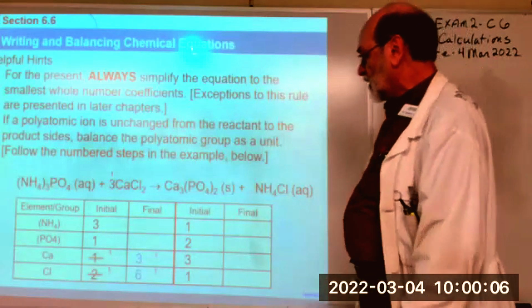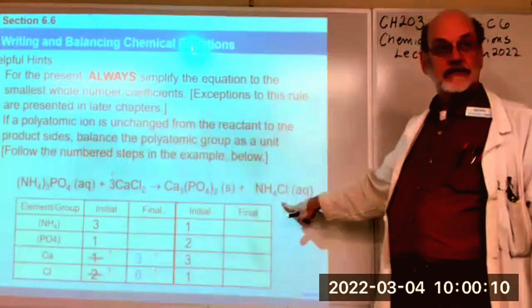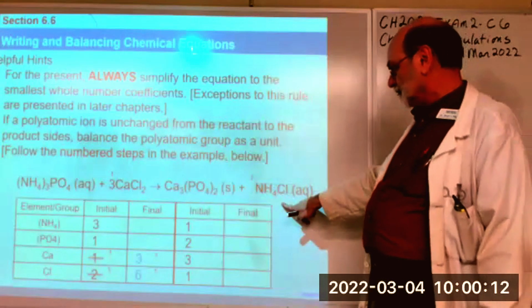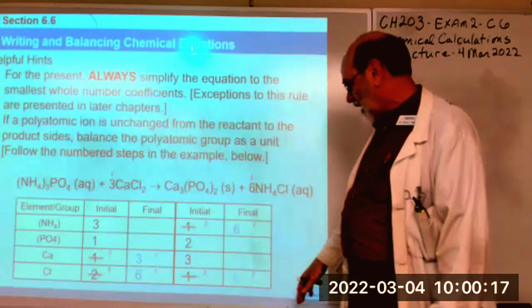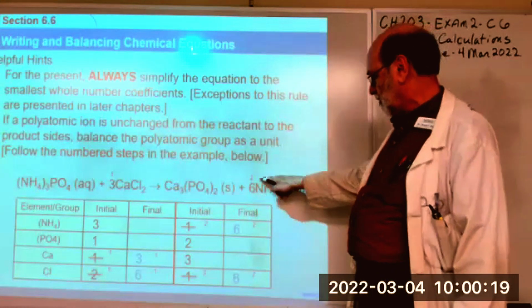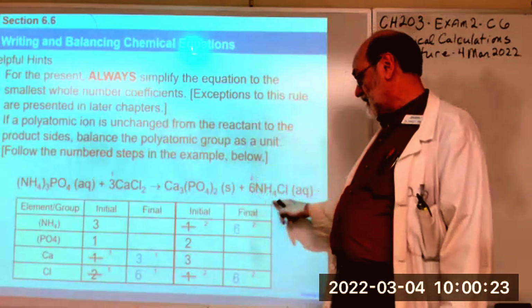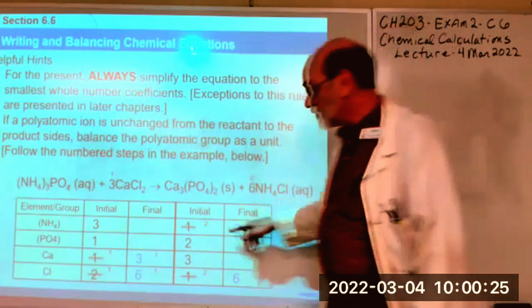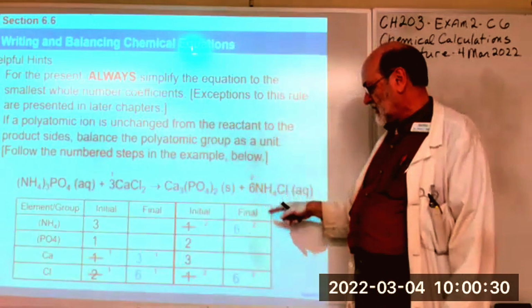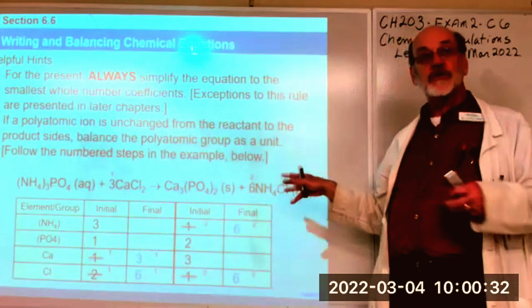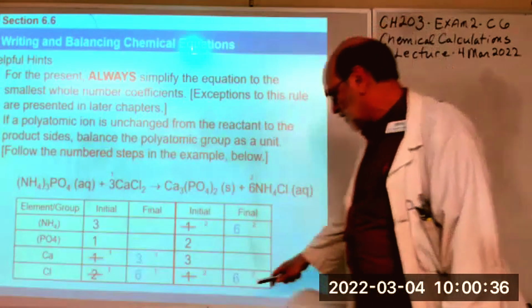So now that I've changed chlorines to 6, I need 6 chlorines on this side. And that also changes the ammonium group to 6. This is a polyatomic that we're using as a balancing unit. So you have to change the whole thing to 6. You don't have to count the individual atoms if you're using it as a group. Okay? So we've got this one fixed.